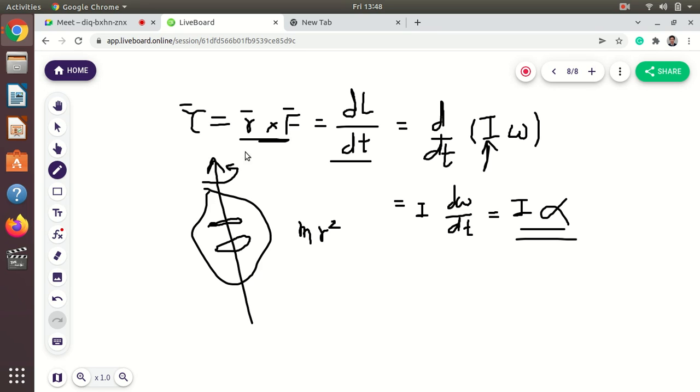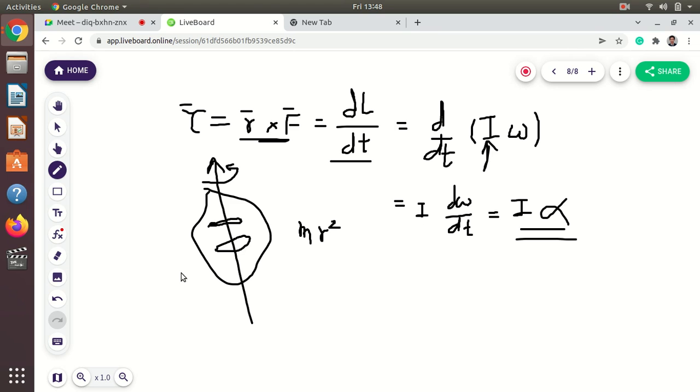But in this definition, what is the problem? We have to solve the cross product and we have to put the value of F. Instead, what we have done is we just found the value of L and taken the derivative, right? So we substituted this value. I is anyway constant because when the axis is fixed, the moment of inertia is also fixed.